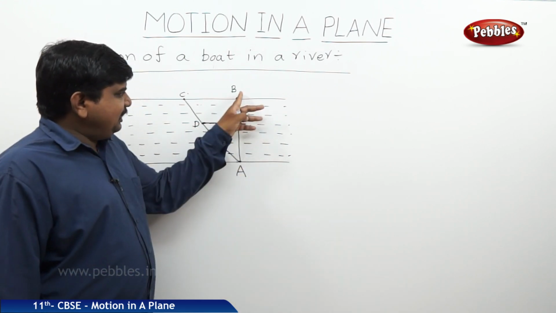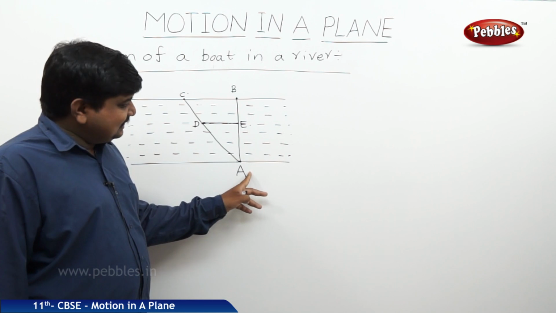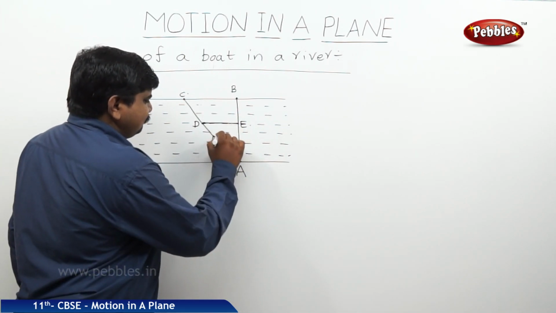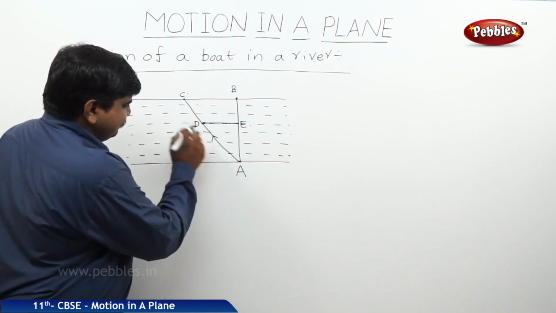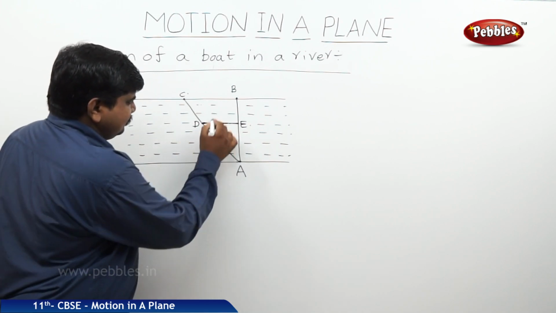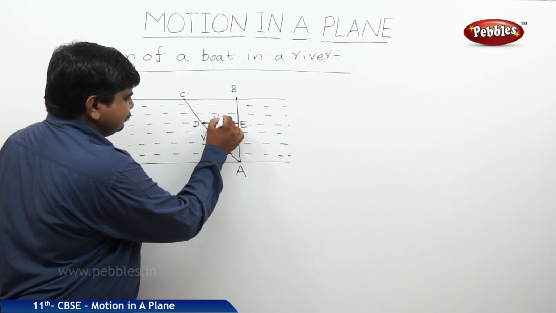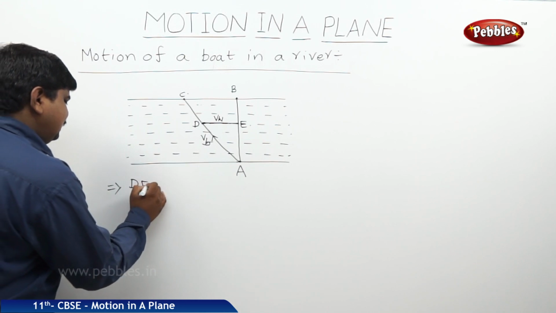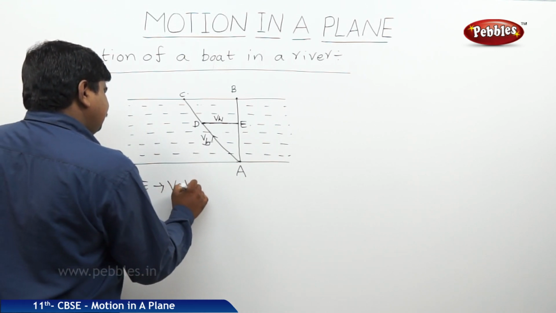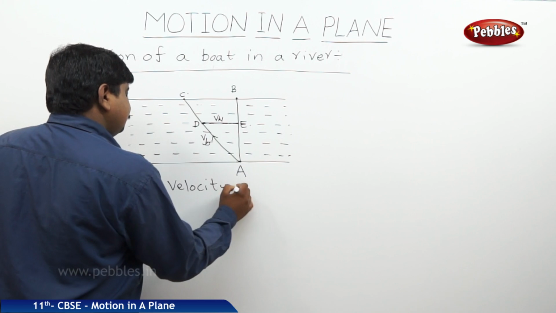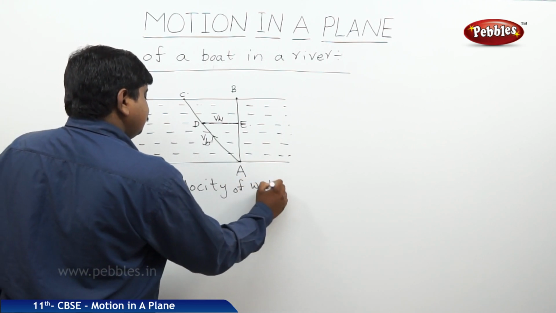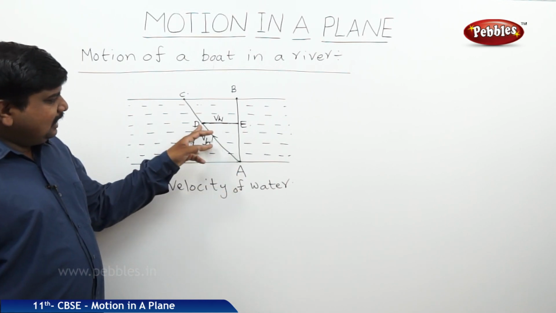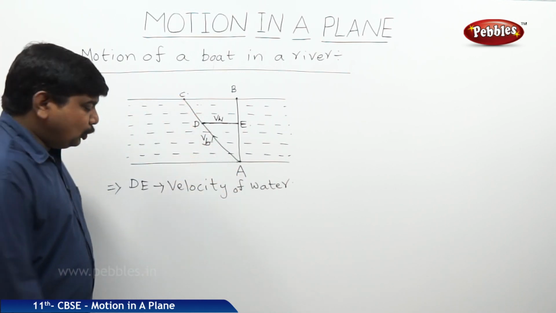Now A to B are parallel, on opposite sides. The direction of this one is velocity of boat, and this is velocity of water. So DE is velocity of water. The path from A to D and D to C is velocity of boat.